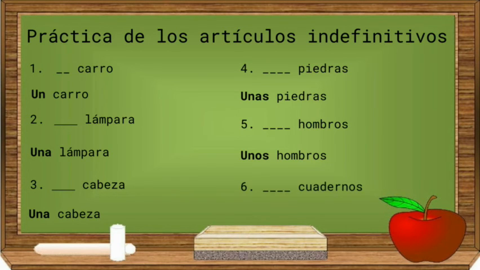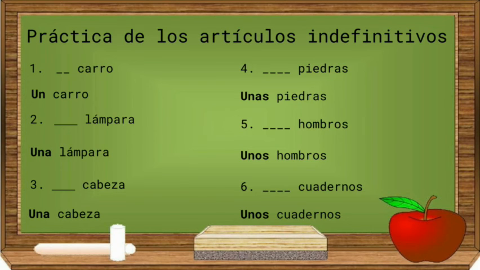Finally, blank cuadernos. Take a moment. You should have gotten unos cuadernos. Ends with an S, so it's plural. And it has an O before that S, so it must be masculine.